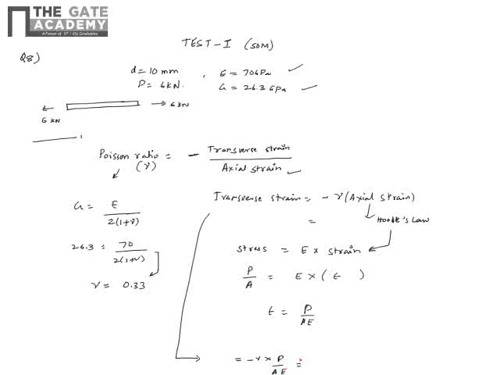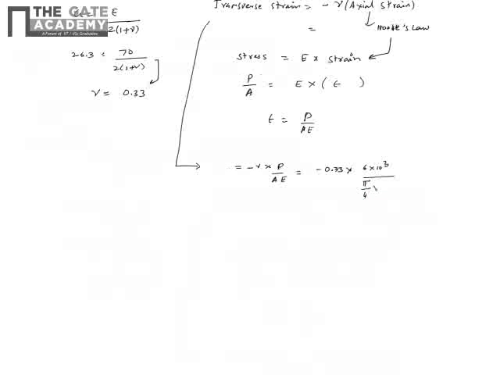So this I'm doing, I'm just explaining each step, so that even if you know all this, you can put it in one step. So let's put this 0.33. Now load is given as 6 kilonewton, so 6 into 10 power 3. Area, let's put in pi by 4. It's circular, so pi by 4 d square, so it's in mm.